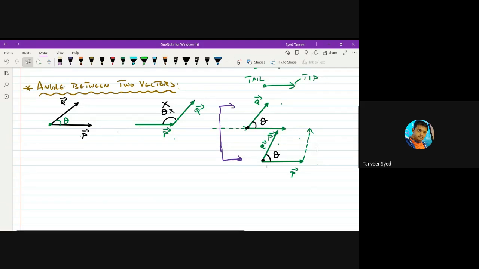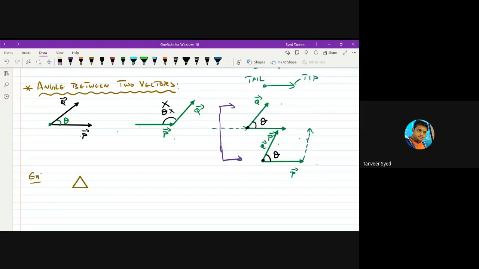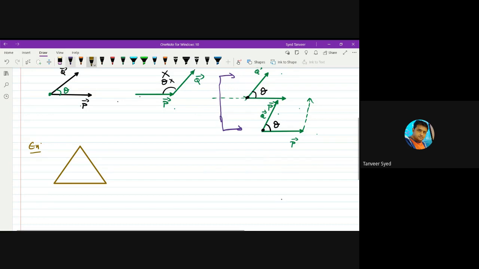Suppose we have a triangle like this. This is an equilateral triangle formed by three vectors. This is O, this is A, this is B. So OA, this is one vector.